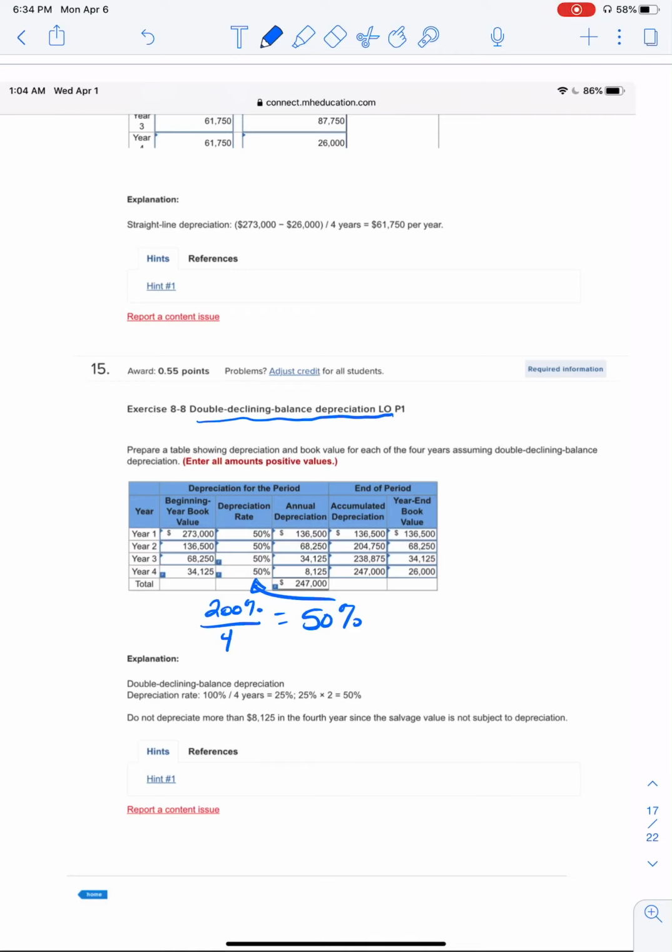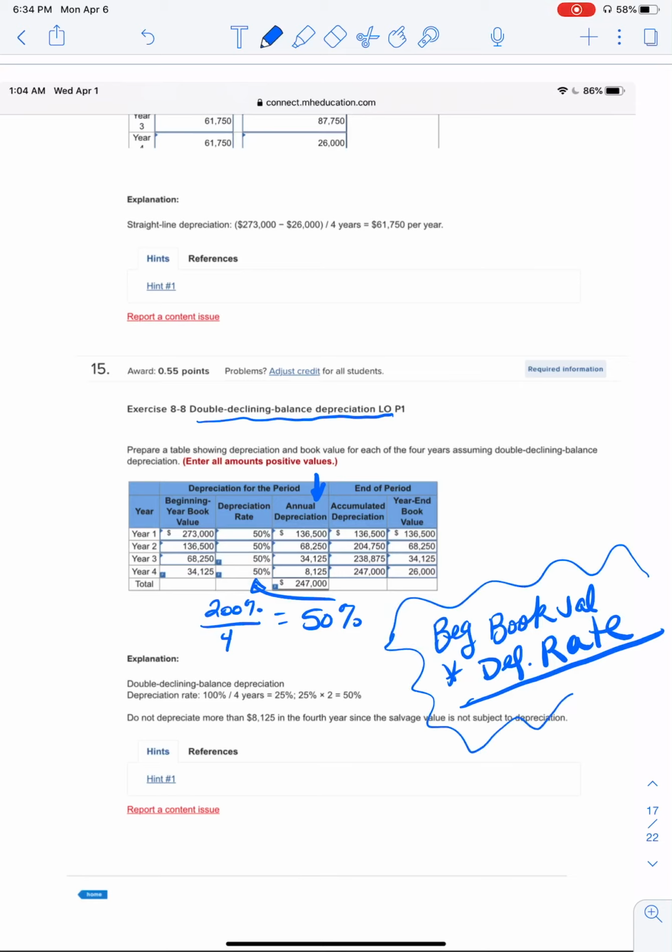Now my annual depreciation, this column right here, is my beginning book value times my depreciation rate. And this works most of the time. So I'm going to box this in, and I'm going to put an asterisk on it because there is one exception, but we'll deal with that when we get to it.